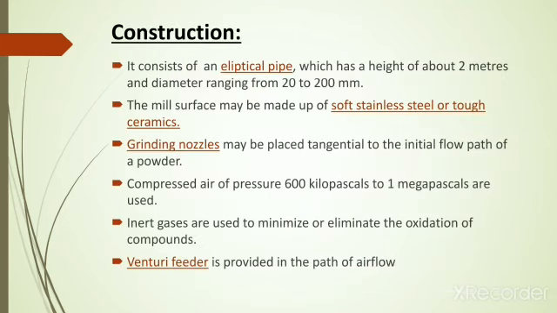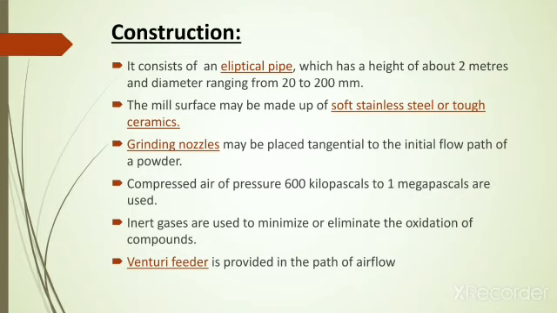Construction. It consists of an elliptical pipe which has a height of about 2 meters and diameter ranging from 20 to 200 mm. The mill surface may be made up of soft stainless steel or tough ceramics. Grinding nozzles may be placed tangential to the initial flow path of a powder.